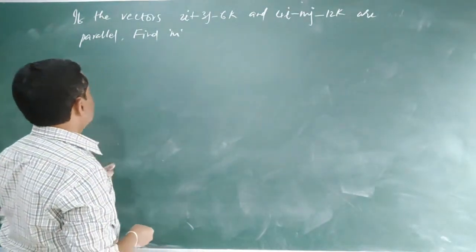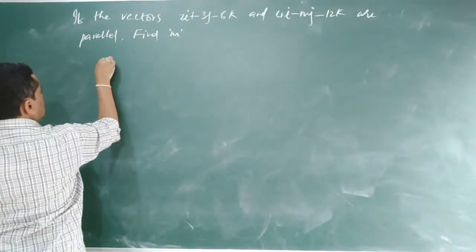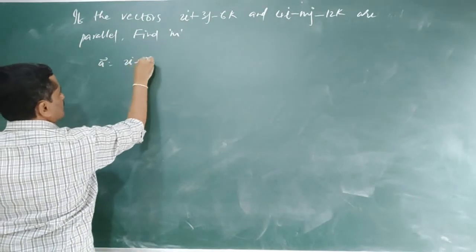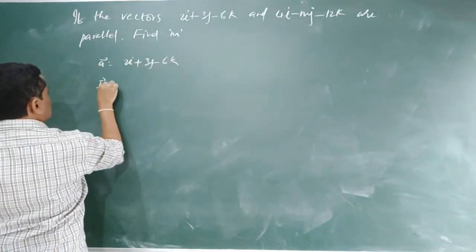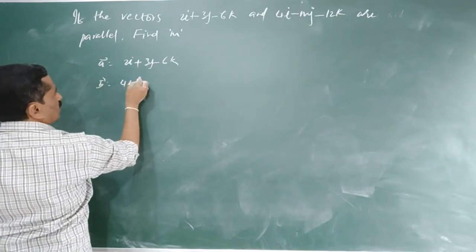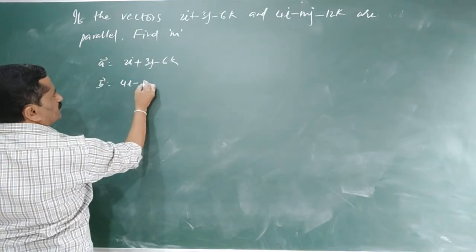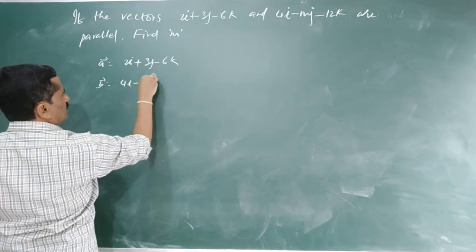Here, given a bar is equal to 2i plus 3j minus 6k. Again vector b is equal to 4i minus mj again minus 12k.